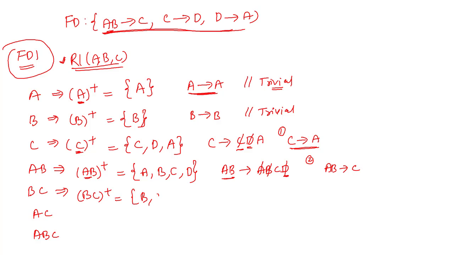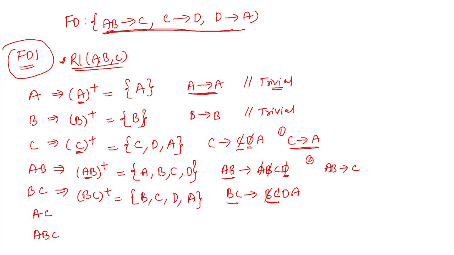B can determine itself, C can be determined from this BC, right? Now C can determine D, and D can determine A. Now again I got BC implies BCDA. So what are the trivial attributes here? So BC is like a subset, right?